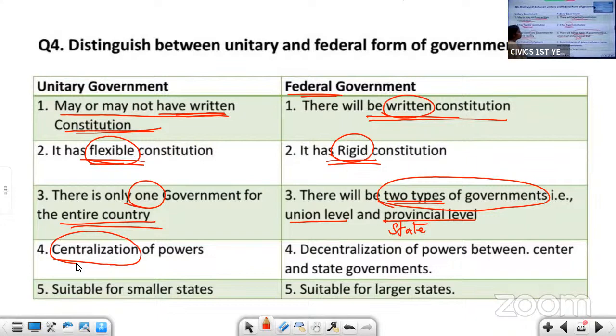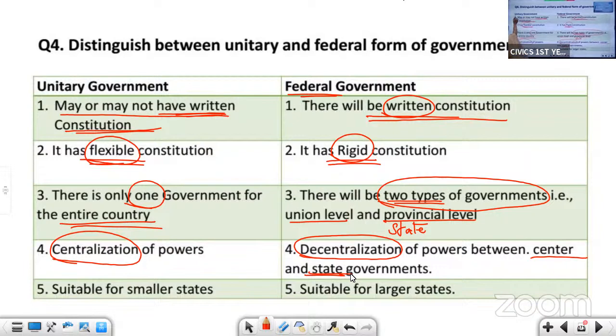But in federal form of government, there is decentralization of power. What do we mean by decentralization? The powers are divided between the central government and the state government.